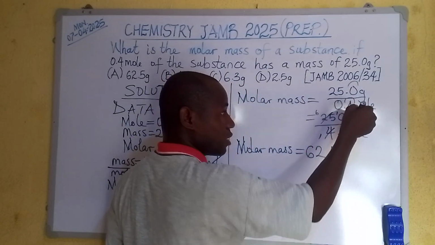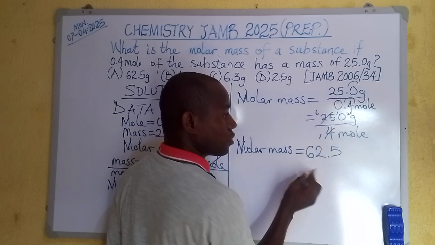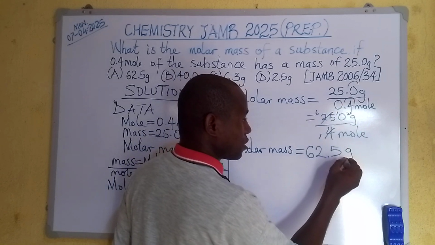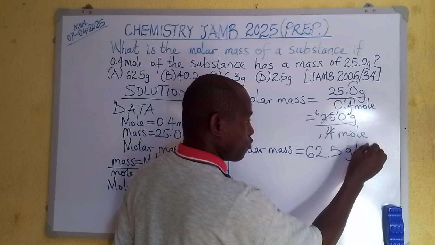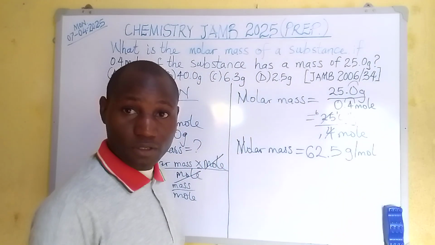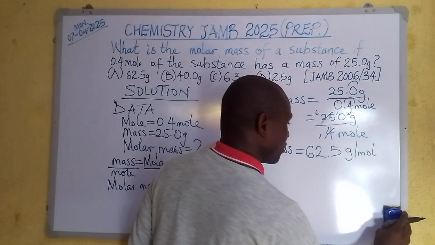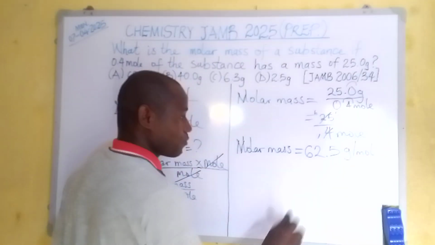What's the unit again? Gram per mole. So we're having it gram per mole. Now, also recall this is the bonus, additional points for you, so you don't get confused.